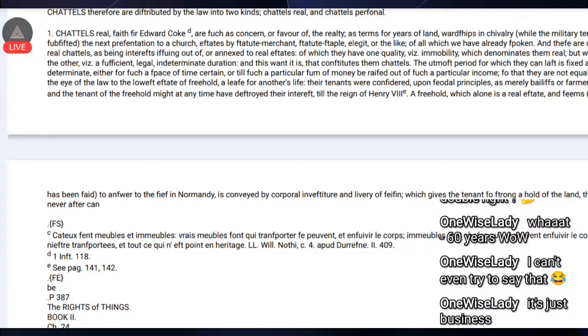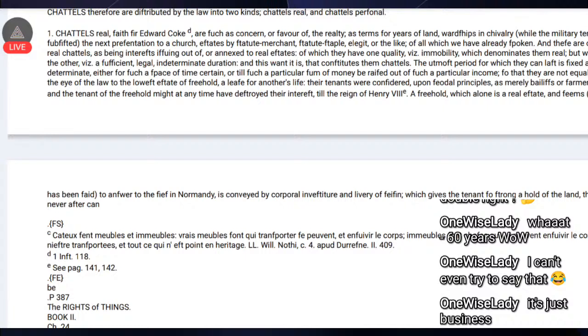And these are all called real chattels, as being interests issuing out of or annexed to real estates, of which they have one quality, viz., immobility, which denominates them real, but want the other, viz., sufficient legal, indeterminate duration, and this want it is that constitutes them chattels.